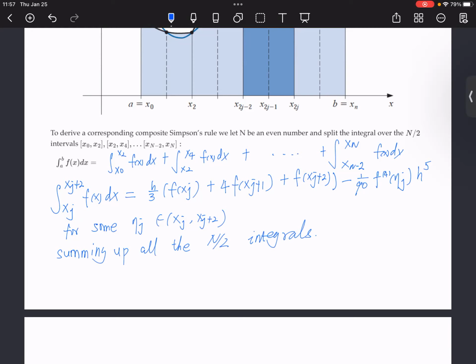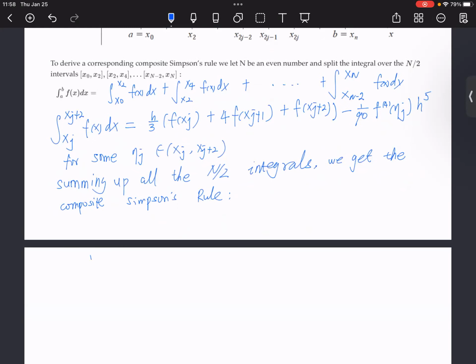We apply the simple Simpson's rule to each subintegral, and then we sum up all the subintegrals here, and we get the composite Simpson's rule here.